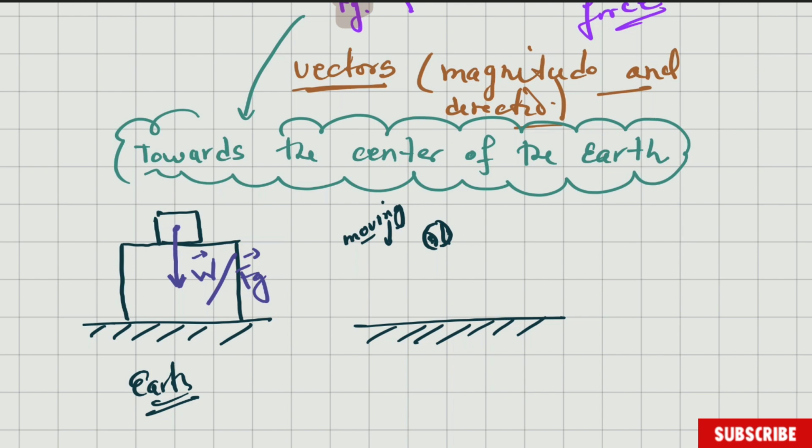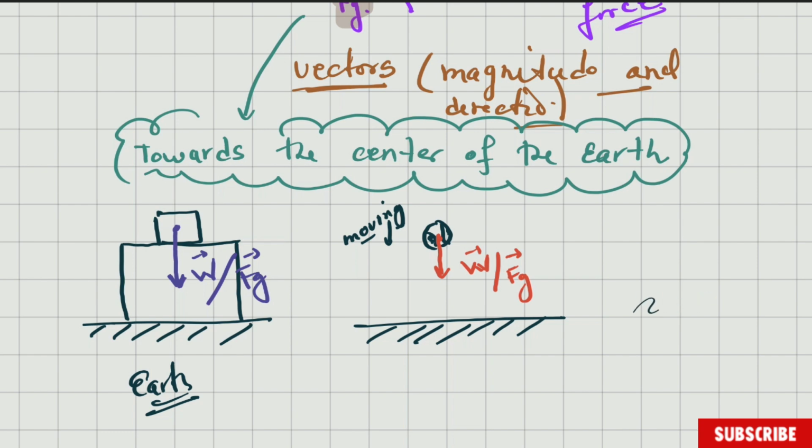The Earth exerts the force on that specific ball. The force of gravity or weight is always going to be straight down, which in actual fact is toward the center of the Earth. This is the force of gravity or the weight acting on that ball.